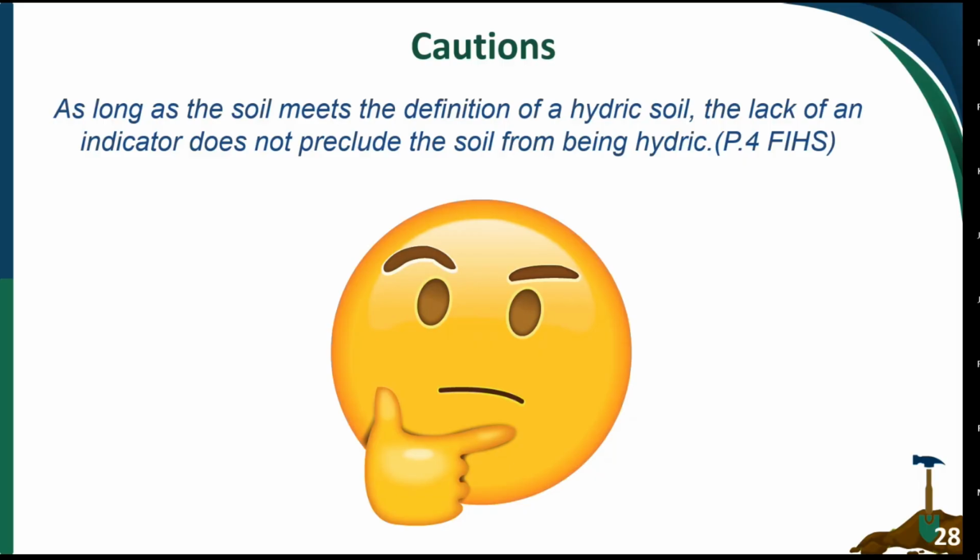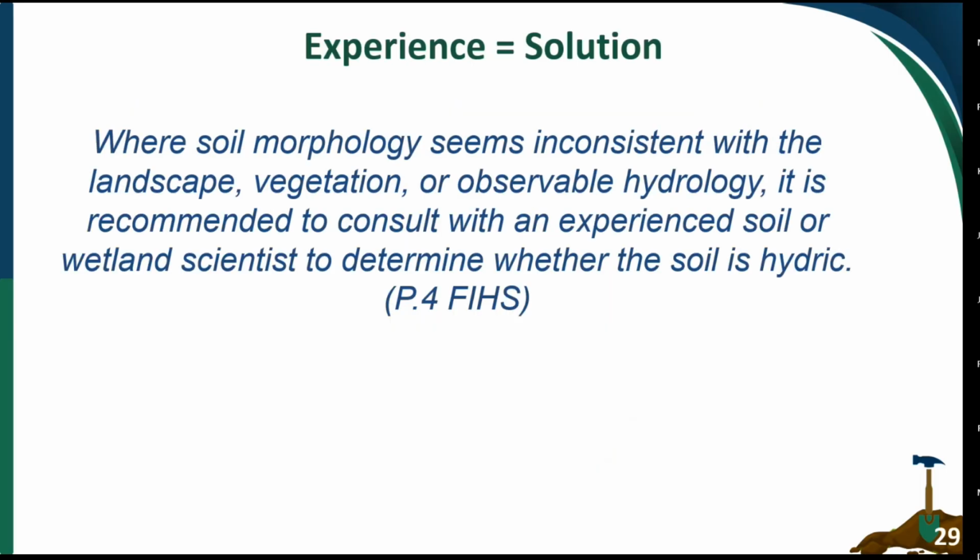So if you think that is the case, what do you do? You're looking at a soil, you know it has a history of wetness, but there is no hydric soil indicator. So now what? Well, fortunately, the committee has a plan for that scenario.